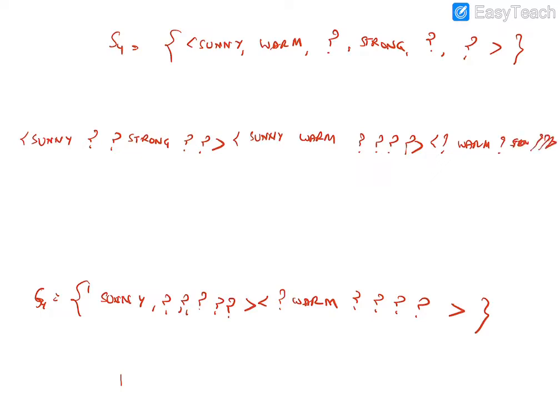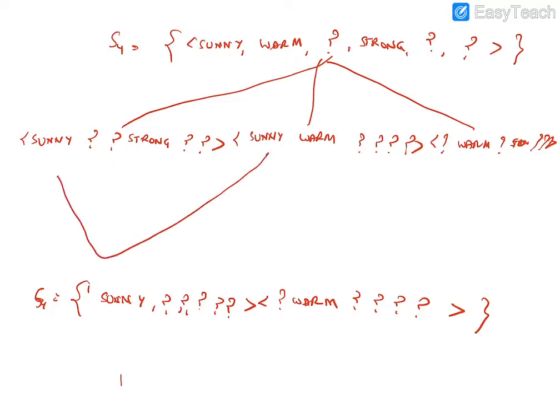So this will be the version space. Here what I am going to do is these three records as well. This is the final output.